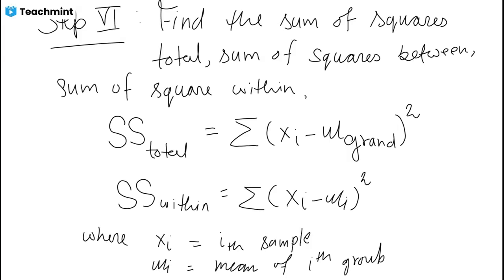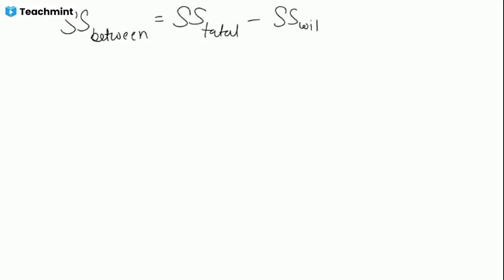And by using sum of square total and sum of square within, we can find sum of square between, which is equal to sum of square total minus sum of square within.